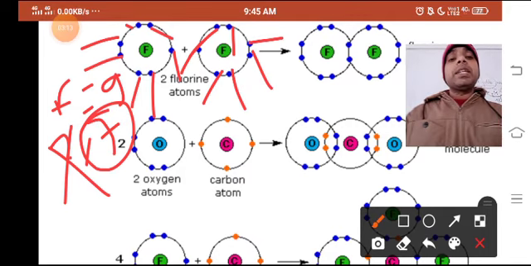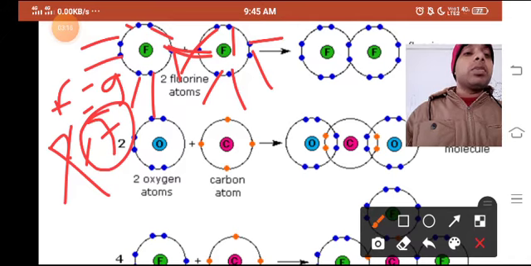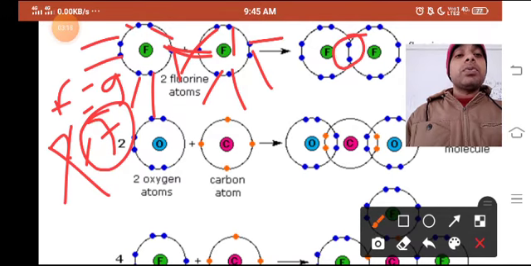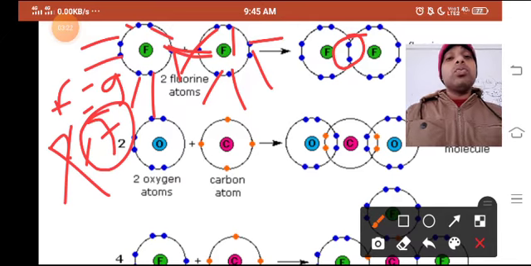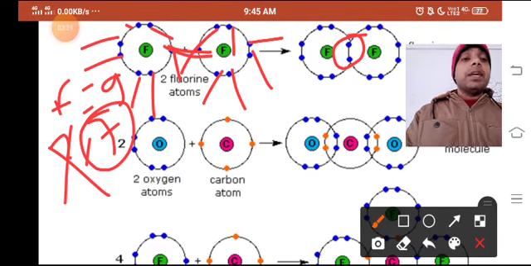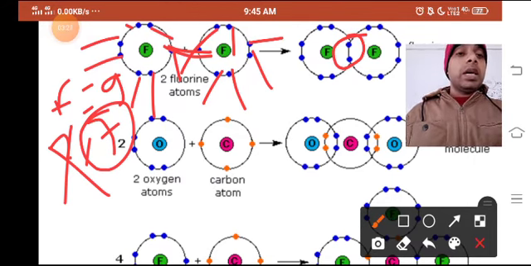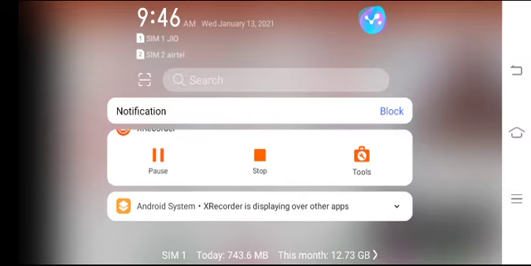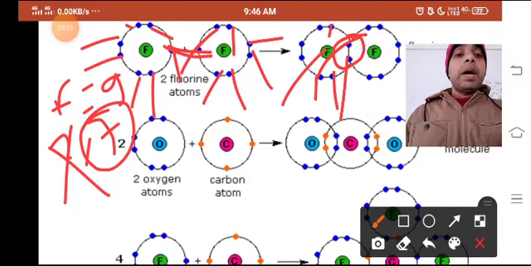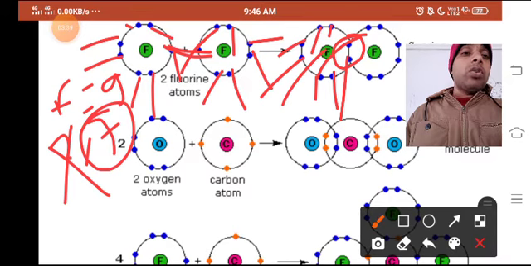So what it will do is share one unpaired electron, and it will form a single covalent bond, because only one electron is being shared. Now you can count the electrons of this fluorine: 1 2 3 4 5 6 7 8, and these two can be counted for both fluorines.